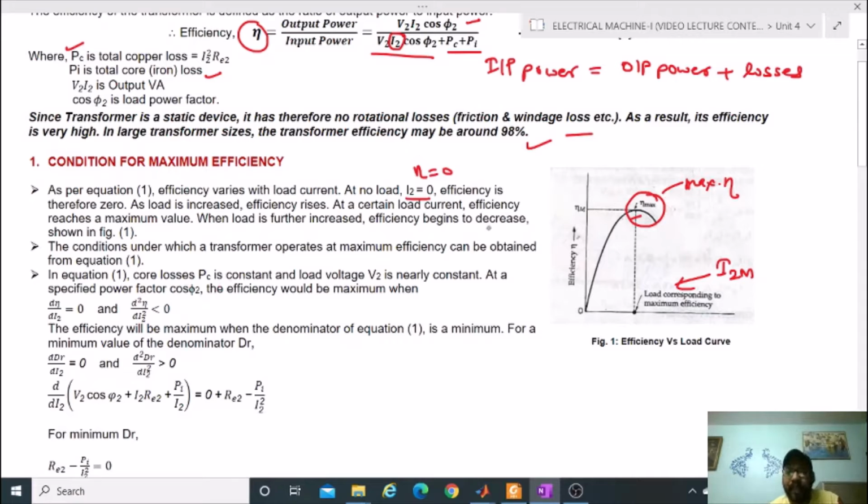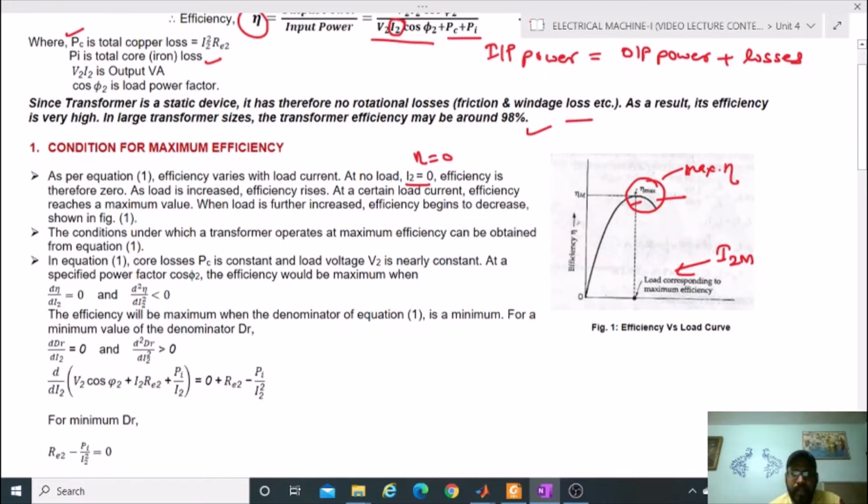So to obtain this condition of maximum efficiency, we will take equation number 1, and as we know, for the condition of maximum efficiency we always differentiate and put it equal to 0.